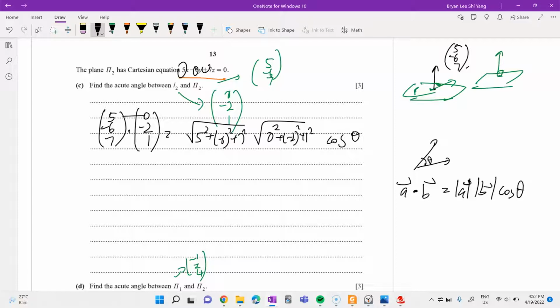Multiplying this out, cosine theta equals (5 times 0, plus -6 times -2 which is 12, plus 7) over the square root of (25 plus 36 plus 49, which is 110) times the square root of 5. So this is 19 over the square root of 550, which you would absolutely need your calculator for.